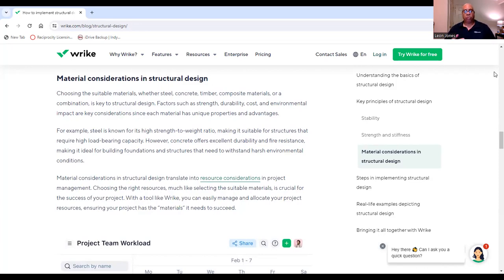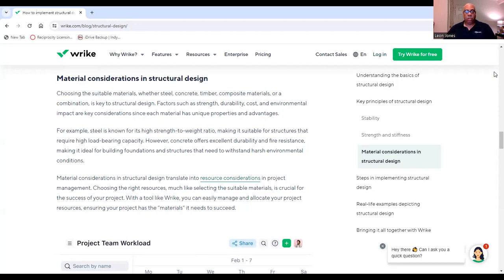For example, steel is known for its high strength to weight ratio, making it suitable for structures that require high load bearing capacity. However, concrete offers excellent durability and fire resistance, making it ideal for building foundations and structures that need to withstand harsh environmental conditions.